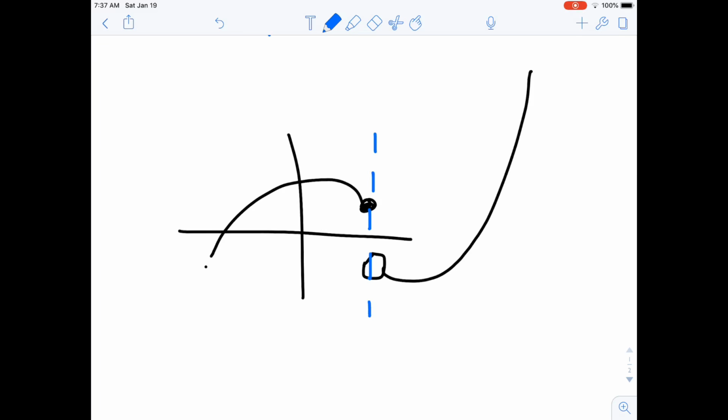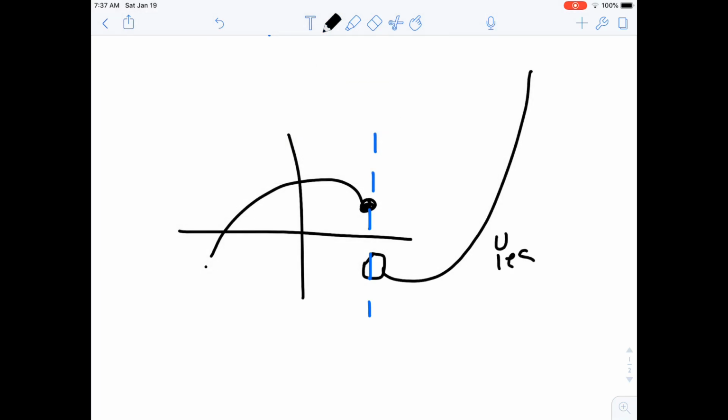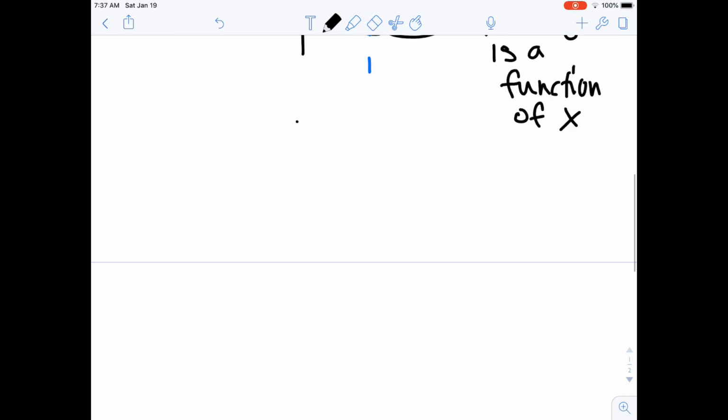It's not filled in, meaning it doesn't exist right there. And so because of that, this would pass, so you'd say yes, y is a function of x.